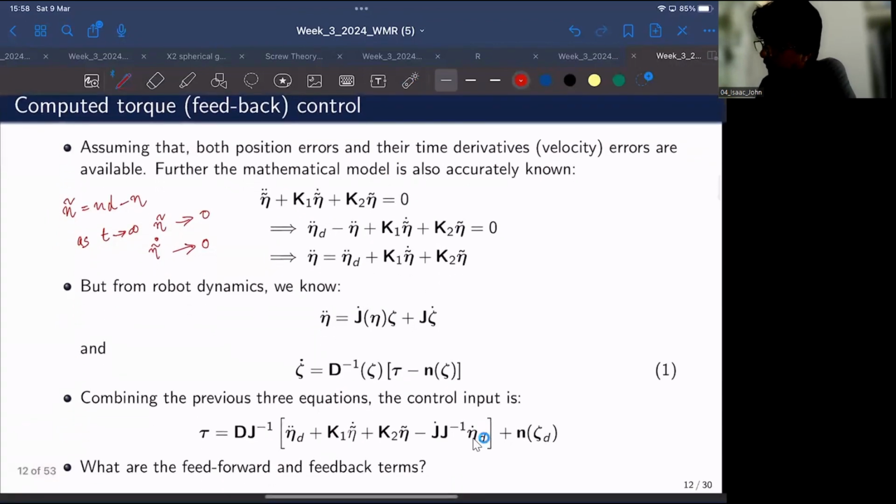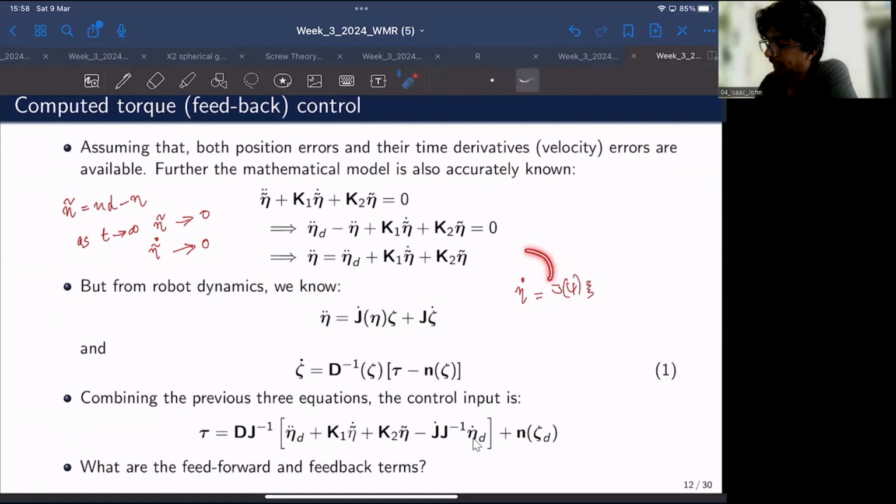And from robot dynamics, we also know this equation, actually from kinematics. For example, you know this basic equation, eta dot is j of psi multiplied by zeta. If you differentiate it, you will get this equation. And you also know this equation, tau is d of zeta, zeta dot plus n of zeta.